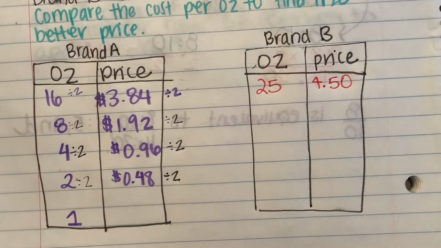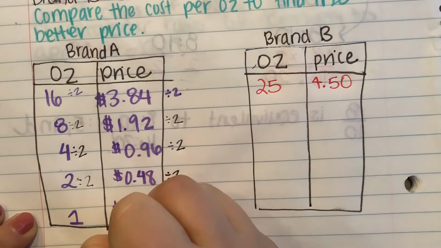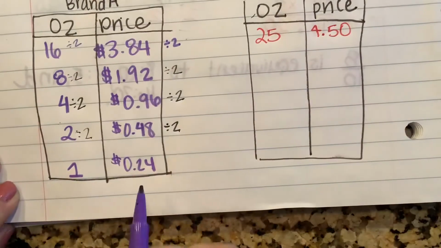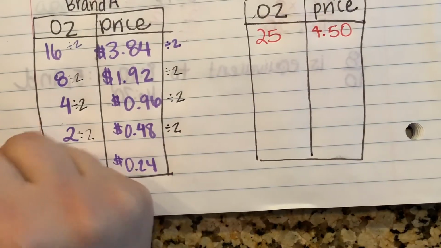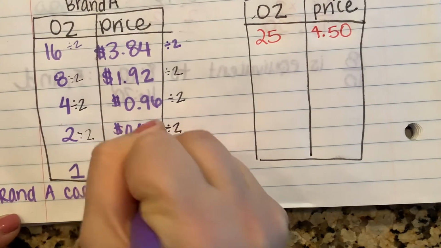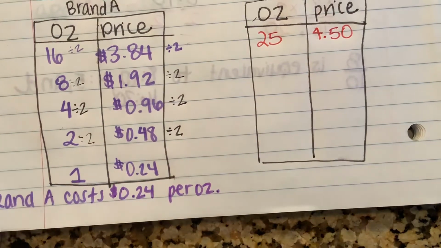And on my other side, 48 divided by 2 gives me 24 cents. So I could say for brand A, that brand A costs 24 cents per ounce. And I can abbreviate ounce to OZ.